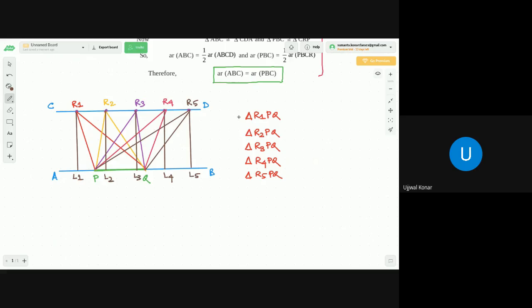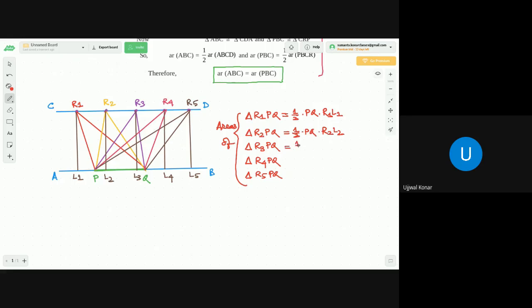Okay, so I can write something like this, that areas of this triangle will be half into PQ into R1L1. Correct or not? Do you agree with me? Yes, sir. That is equal to half into PQ into R2L2.